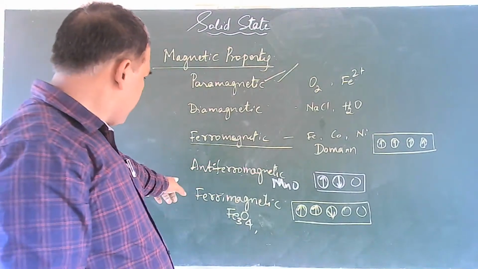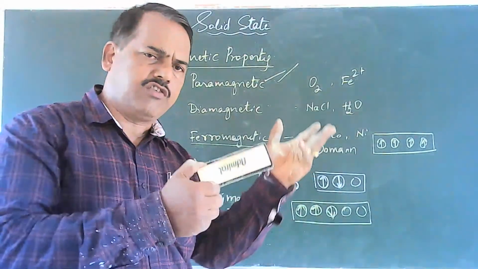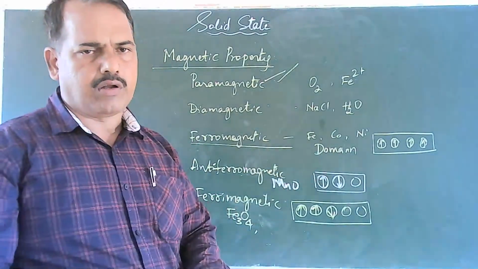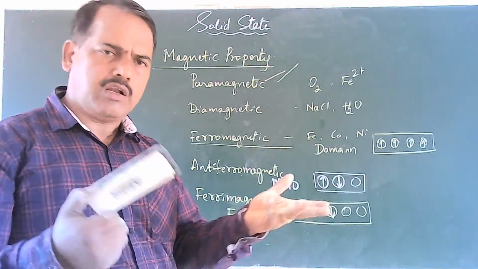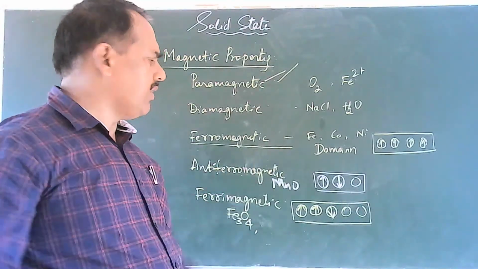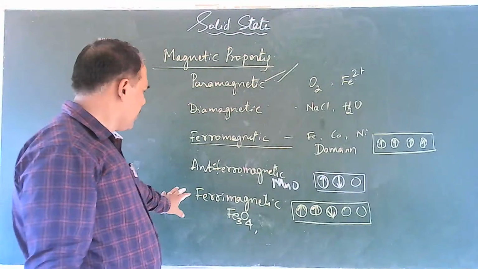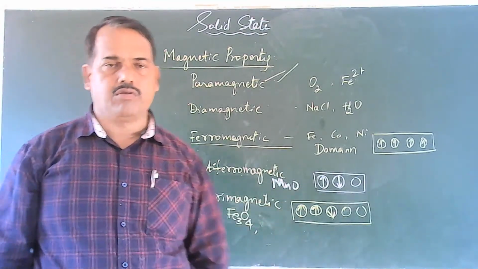Are you clear? For ferrimagnetic, the domains are unequal, one in one direction and another in a different direction. So we cannot judge the magnetic moment; it is unequal, and such substances are called ferrimagnetic substances.